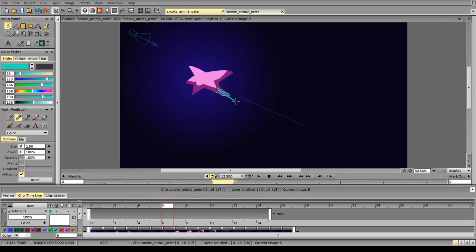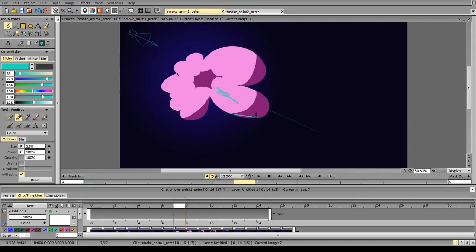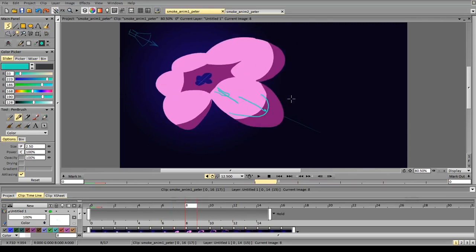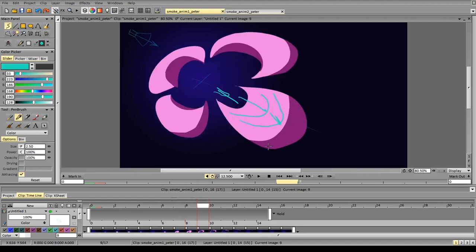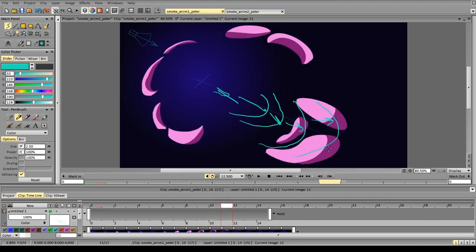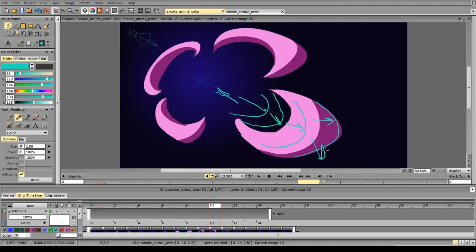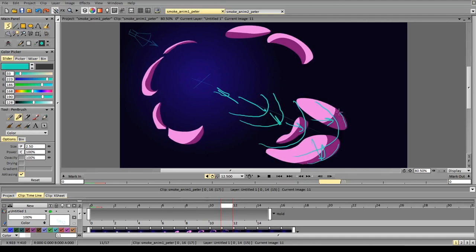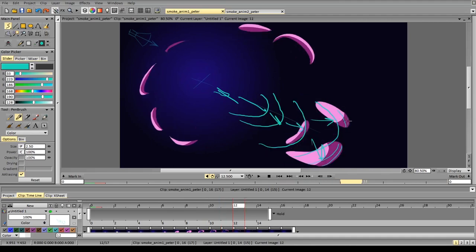And here it's pointing in that direction, then it accelerates in this direction, then it accelerates in that direction, then it accelerates in this direction, and in this direction. But then it breaks apart in this direction and starts slowing down.